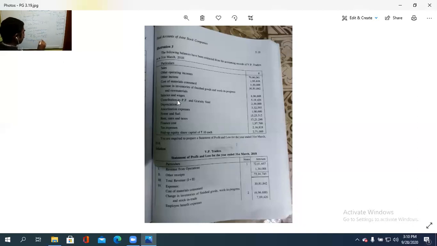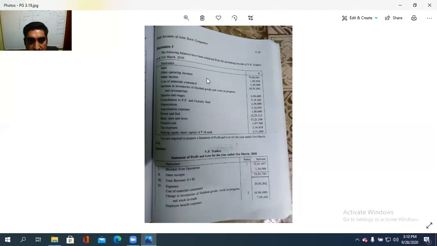Then employee benefit expenses. That is the second item, where what all things are there? Salaries and wages are there, plus contribution to the PF and gratuity fund is there. Is there any other thing I need to check?